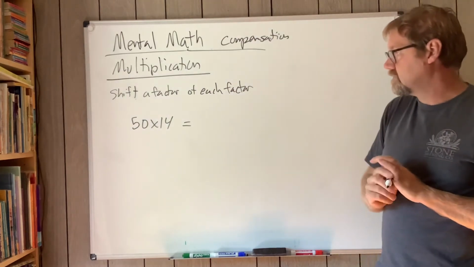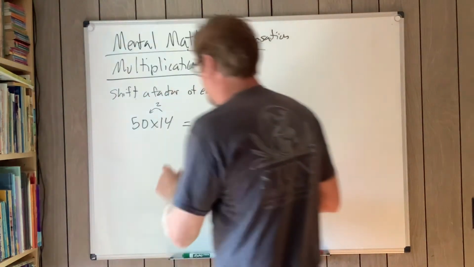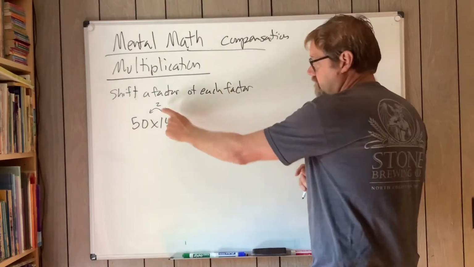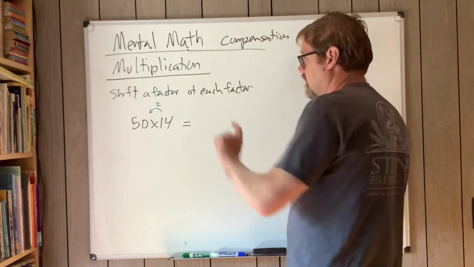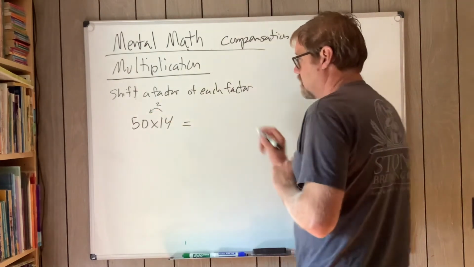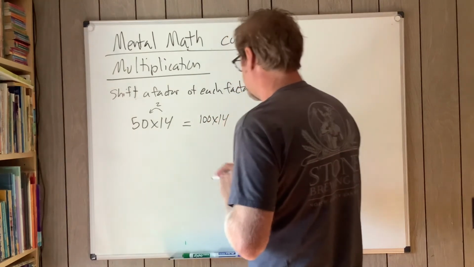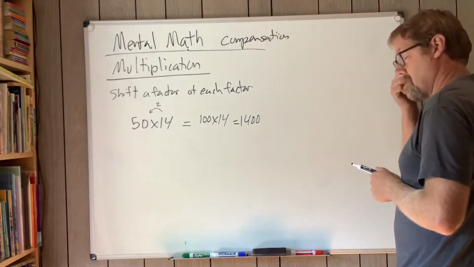So how am I going to do that? Well, I'm going to move a 2 that way. Not in an addition way, and I'm not going to write times 2 or anything else like this, because that's a times already. So what I'm doing is I'm going to shift like this, and I'm going to get 100 times 14, which is 1400.